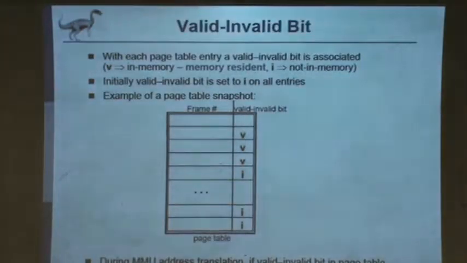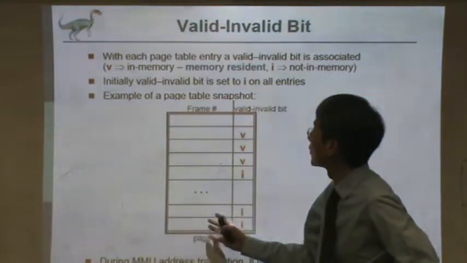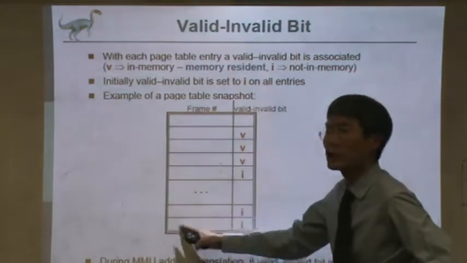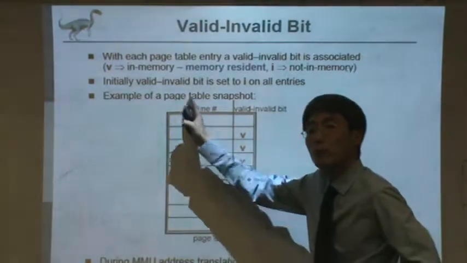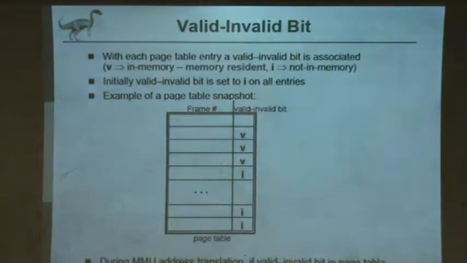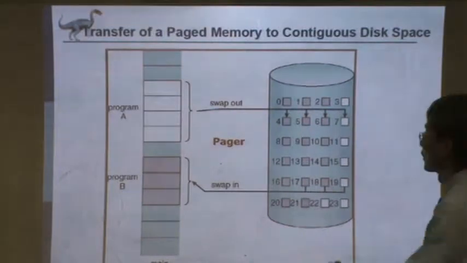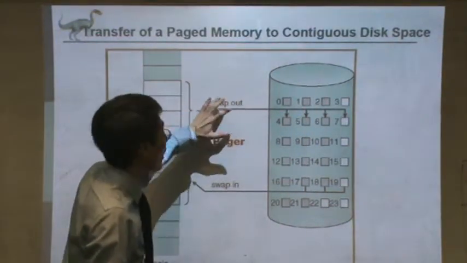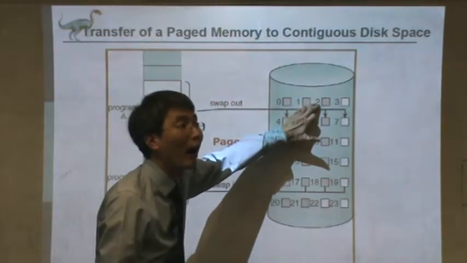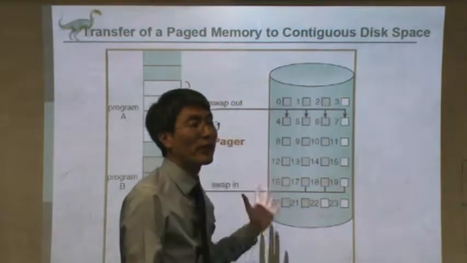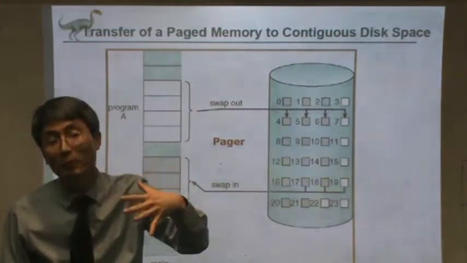Okay. Also, this pager maintains the page table between the logical memory and the physical memory, so the page frame number, and also whether that is valid or not. For example, program A is in the page table, but in case of swap out, it is not available. Even though they are in the same memory structure, it's a virtual memory structure.